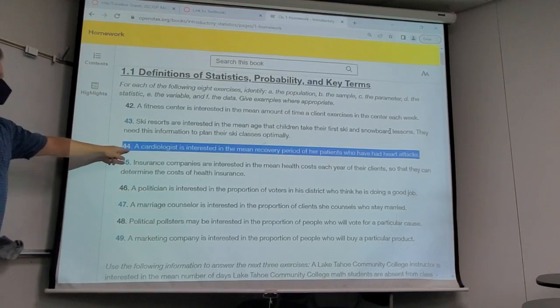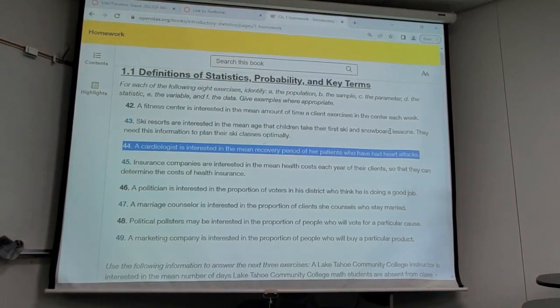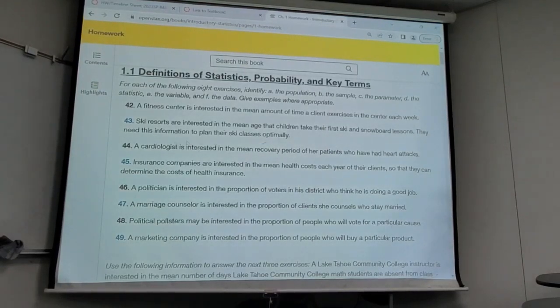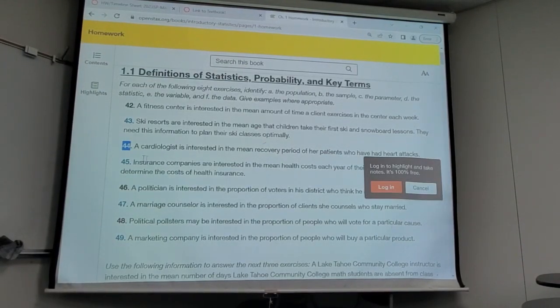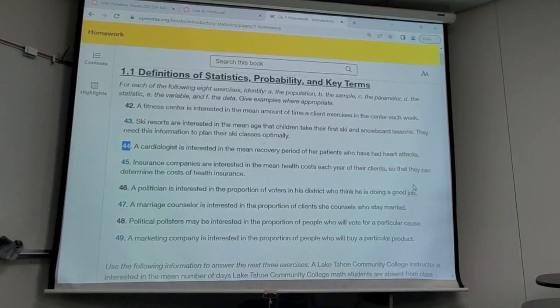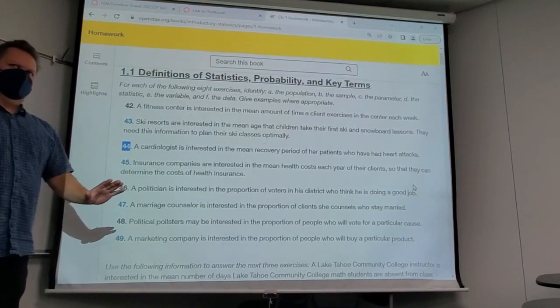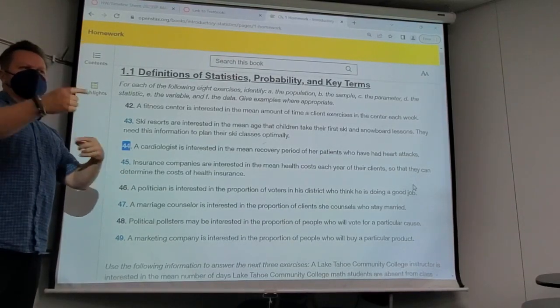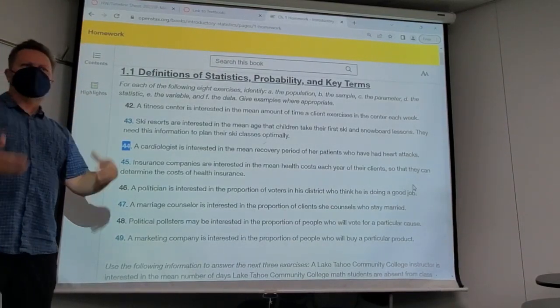So read through number 44 there. Can somebody reword this in a little more everyday English?